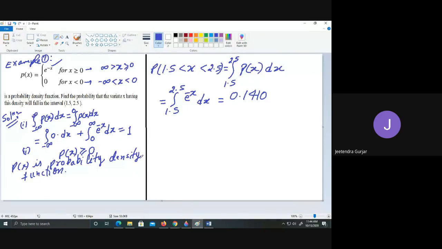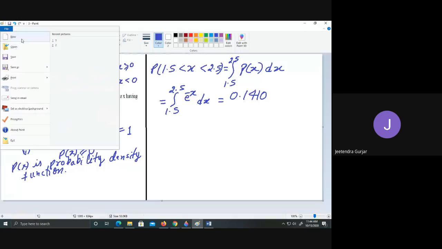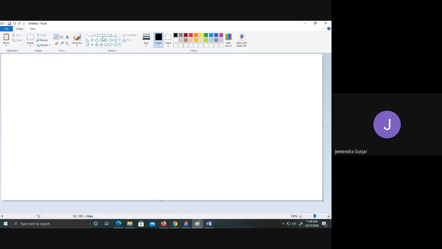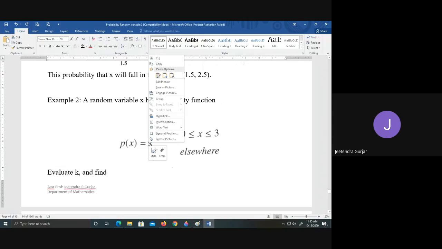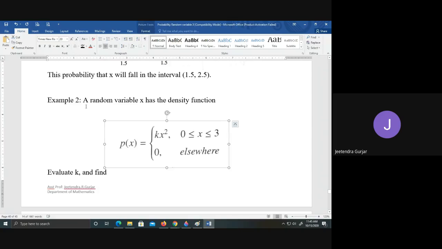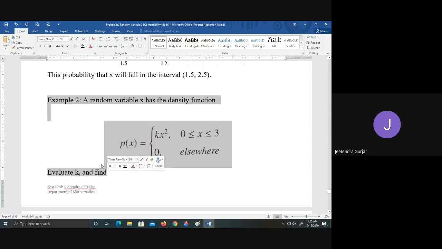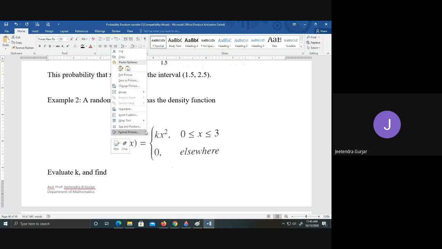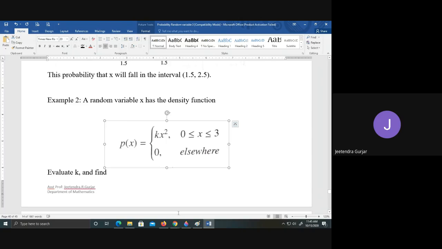I will take one new page. So many things I have to do here. I'm trying my level best. It is not showing. It is not copying. This is copied.